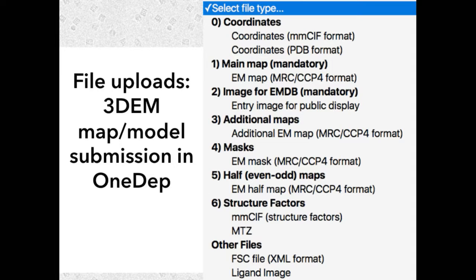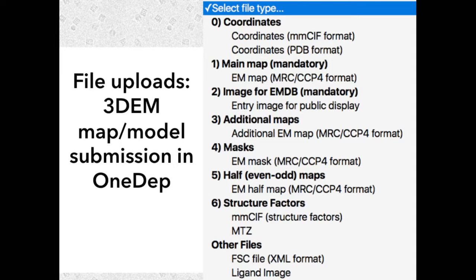If you have a ligand, you can upload an image. Historically, for PDB annotation, we have a huge group of people who do nothing but preview the data that comes in and try to make sure it's as accurate as possible.